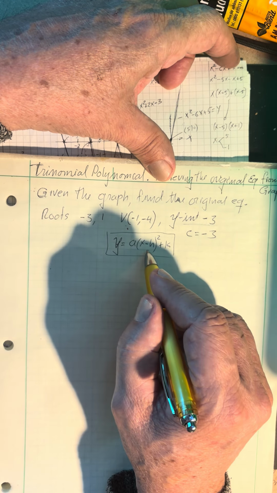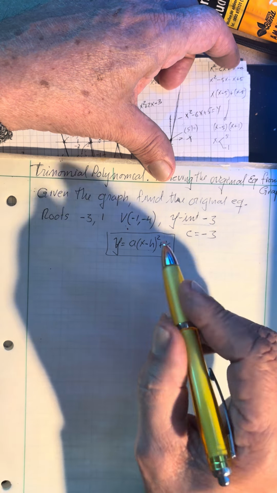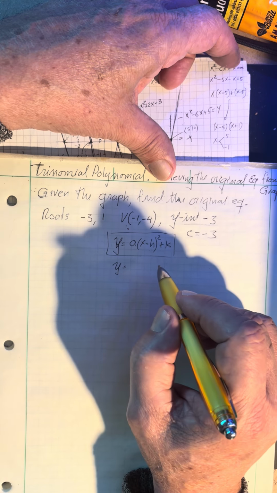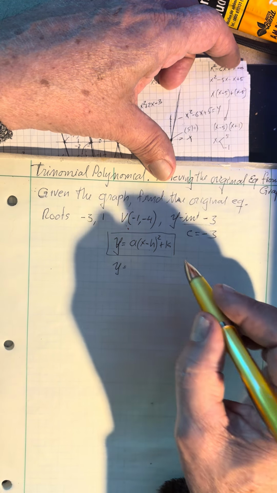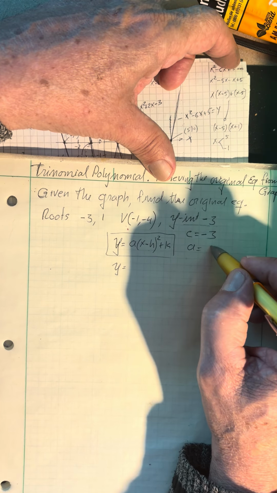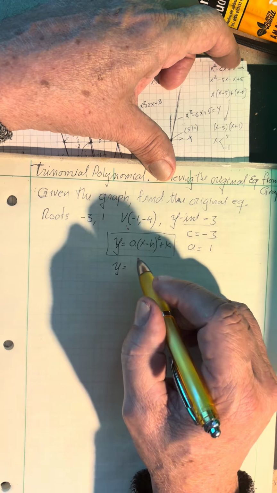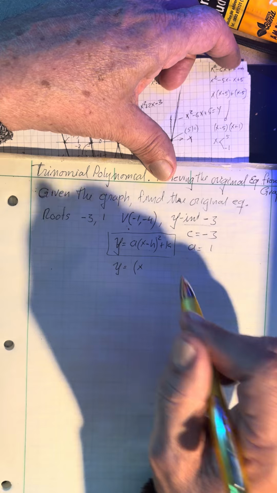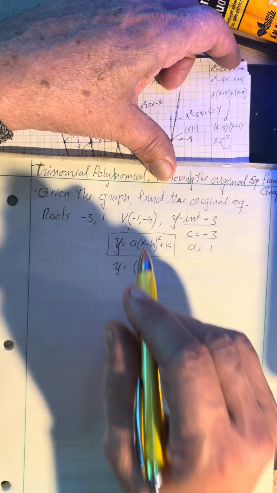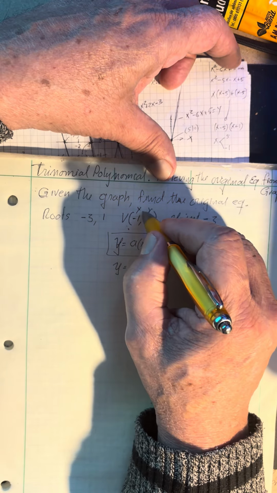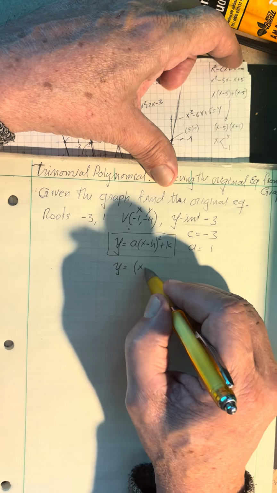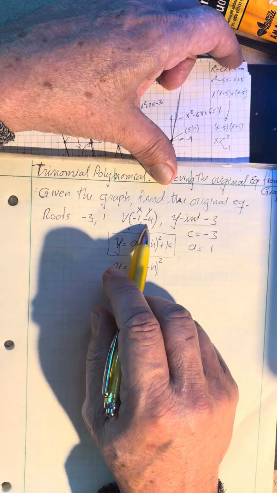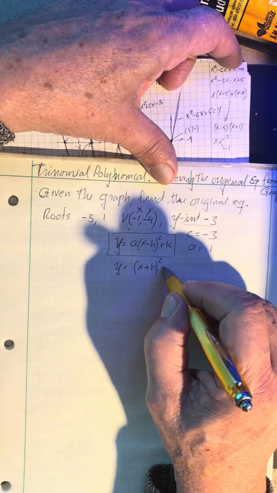Okay, let's substitute this. The x value of the vertex is minus 1. That means this should be plus 1 squared, and k is minus 4.